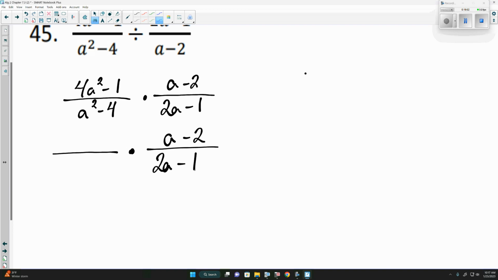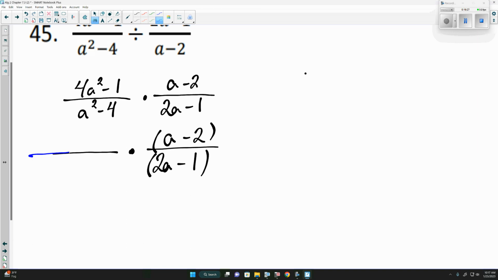Okay, so now we got to look at the first one. Now the second one, we can go on and put parentheses around it because we do know we'll be multiplying. So we can include them there. Now the first top, 4a squared minus 1. So we do have a subtraction, so it could be a difference of perfect squares, since we only have 2 terms. Is 4a squared a perfect square?